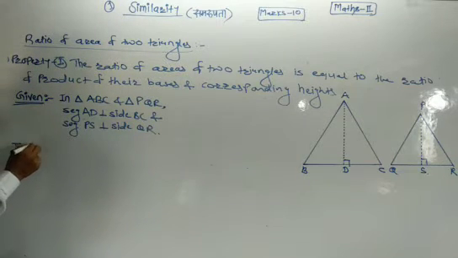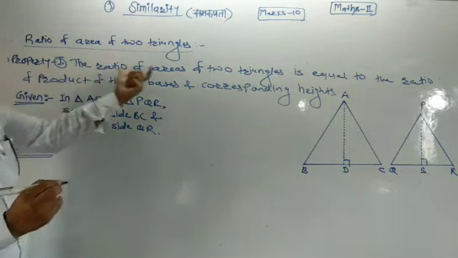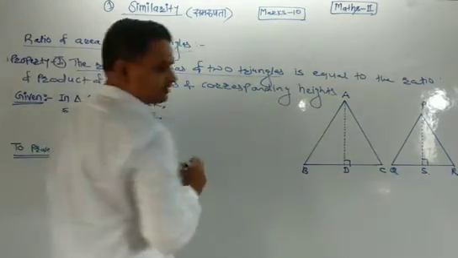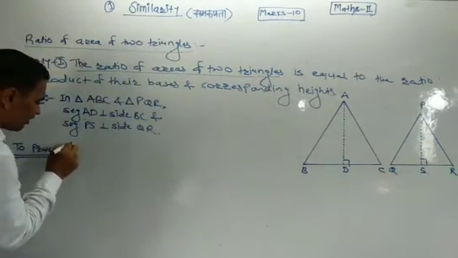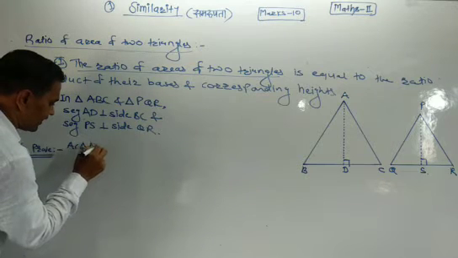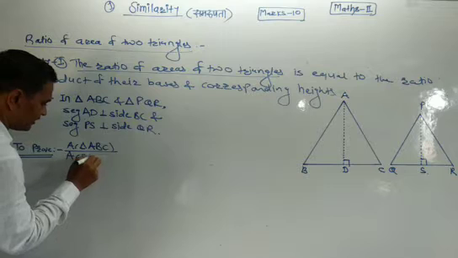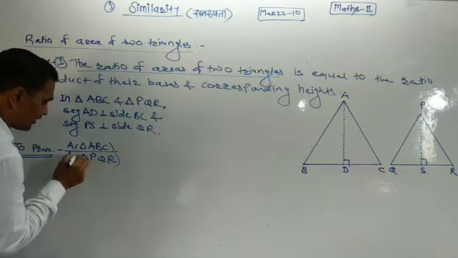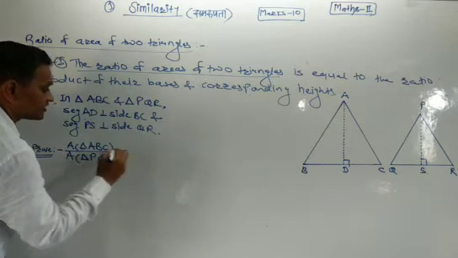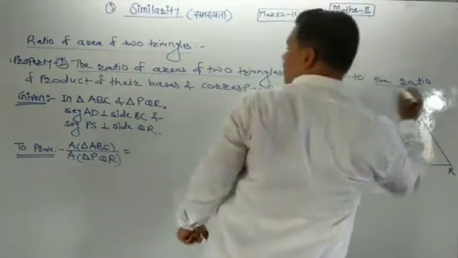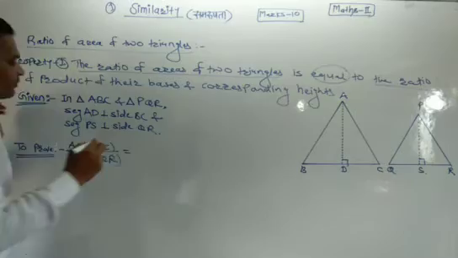To prove. What we have to prove here? We want to prove that the ratio of areas of two triangles, that is, area of triangle ABC divided by area of triangle PQR, is equal to the ratio of the product of their corresponding bases and heights.